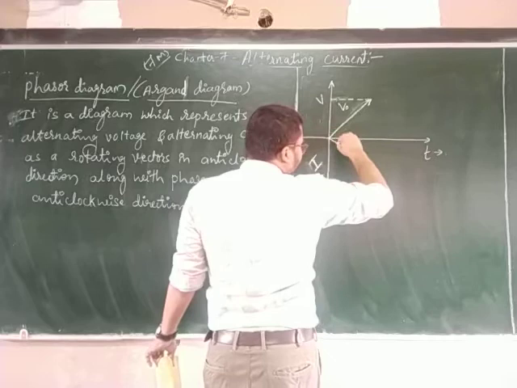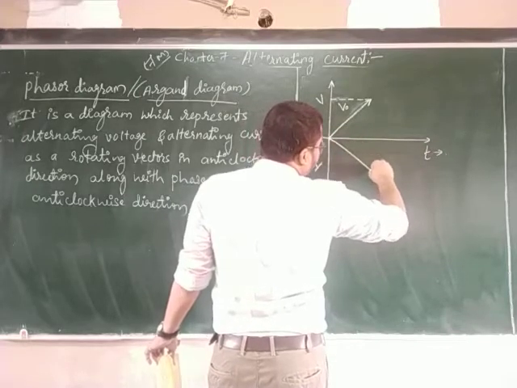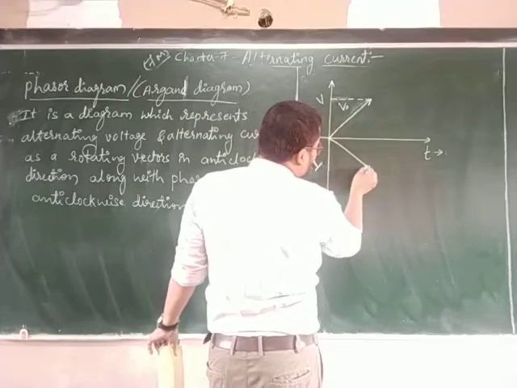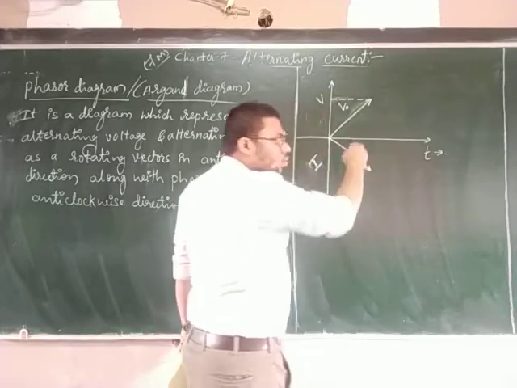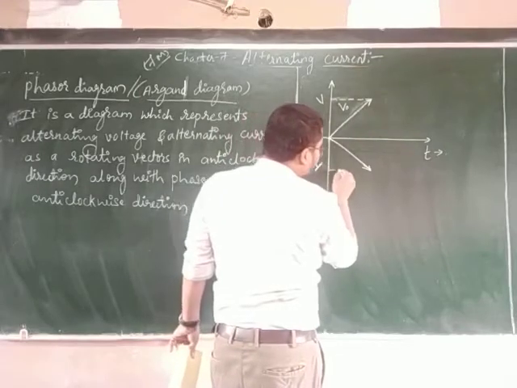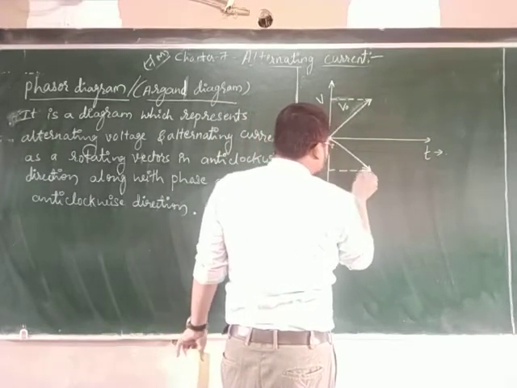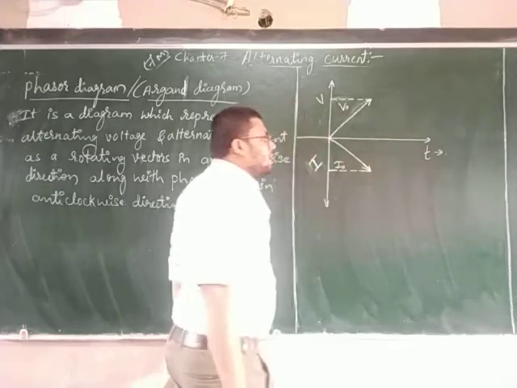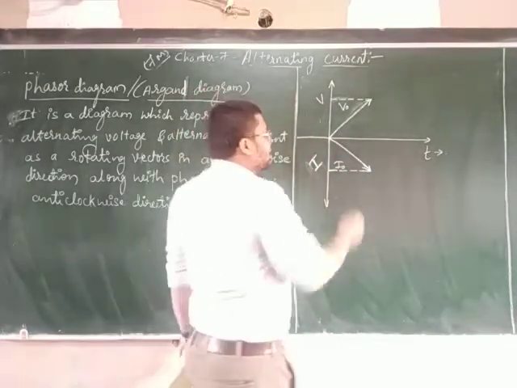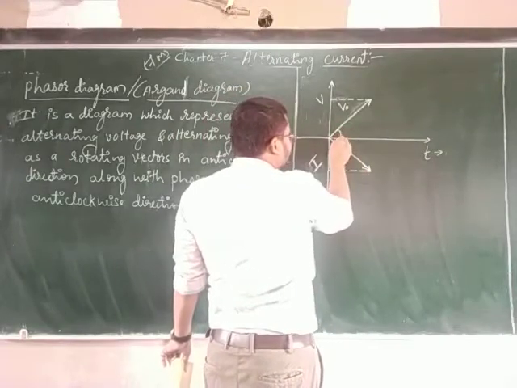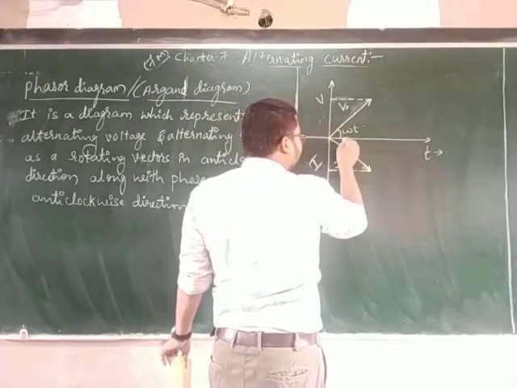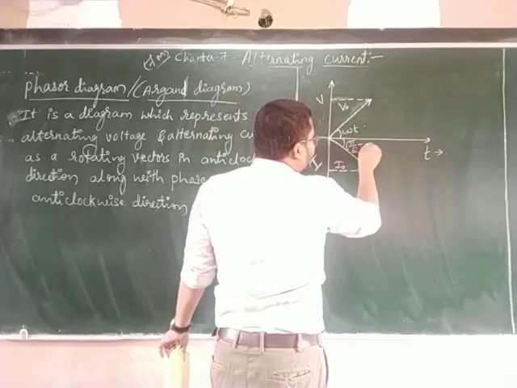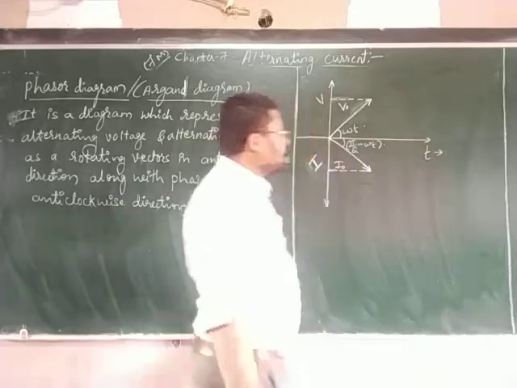And similarly, we consider alternating current also in this quadrant. This is I naught. And here, if the angle is omega t, then this will be pi by 2 minus omega t.